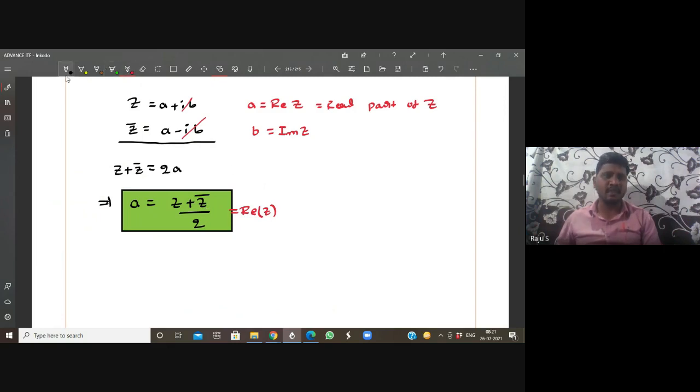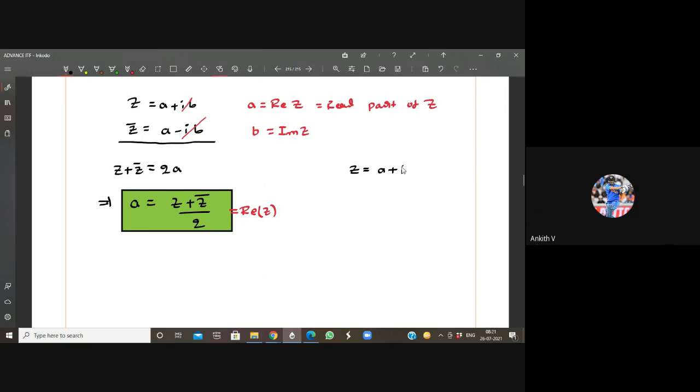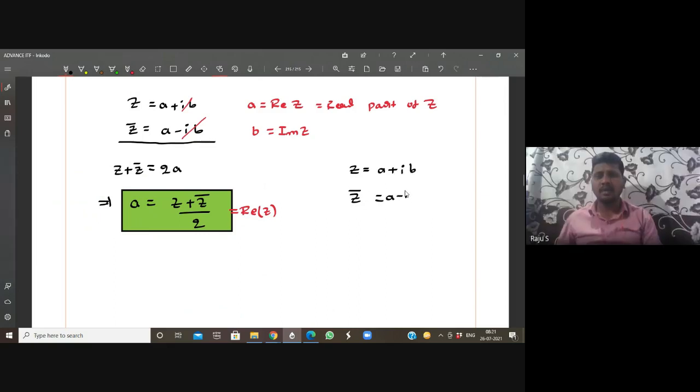In the same way, can you tell me what is b? Imaginary part I want to find. For that, what shall we do here? Subtract the equations. Exactly. A plus iota times b minus a minus iota times b. So when we subtract, Z minus Z conjugate is equal to 2 times iota b.